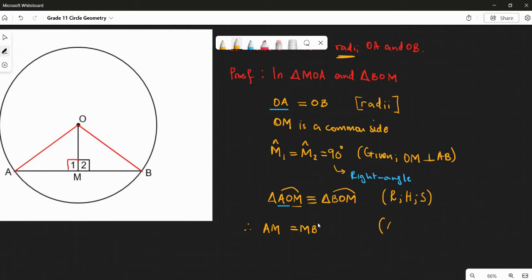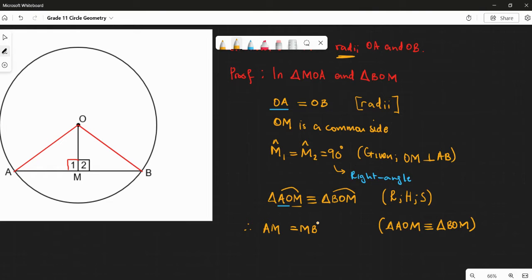Because we took this from our proven congruency of the two triangles. So it's triangle AOM congruent to triangle what? BOM. So we have proved that the two triangles are congruent. Therefore, AM is equal to MB. So that means you have proven the theorem by doing that.